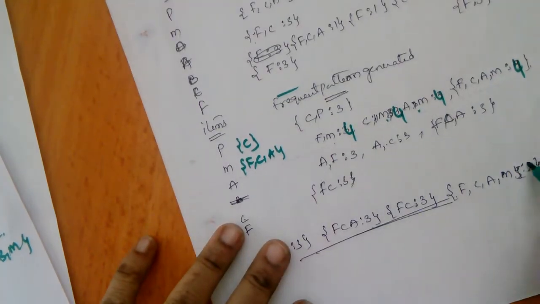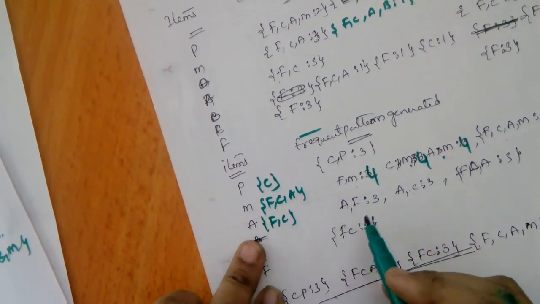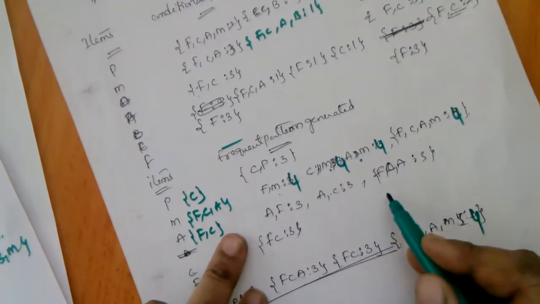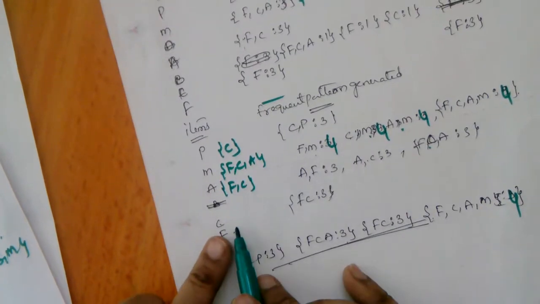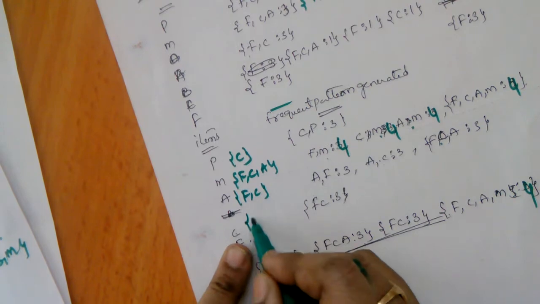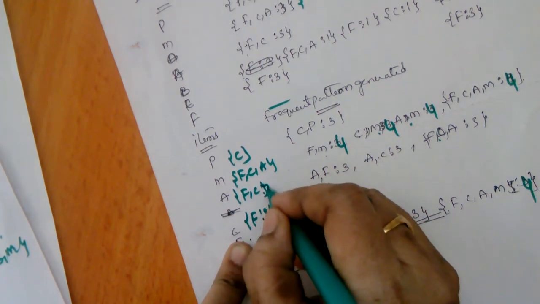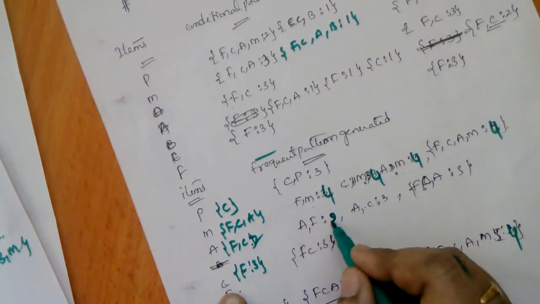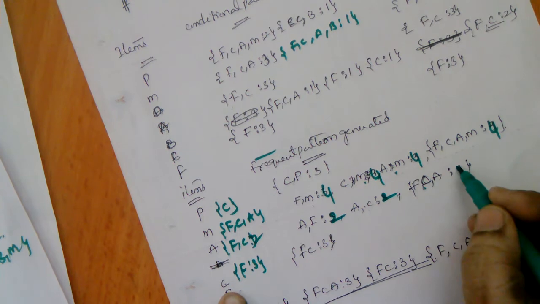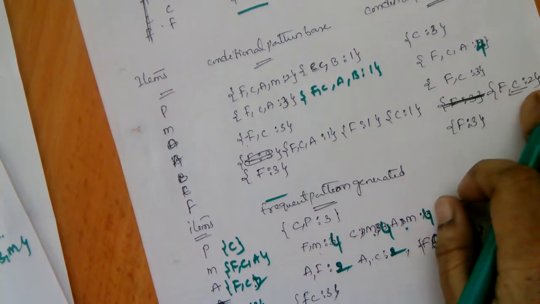Okay, next. Okay, next what do we have? A. What is AFC? Okay, so how will you write? AF, AC, FCA. Count is 3. Okay, next C. You have F. Its count is 3. Okay, FC 2.